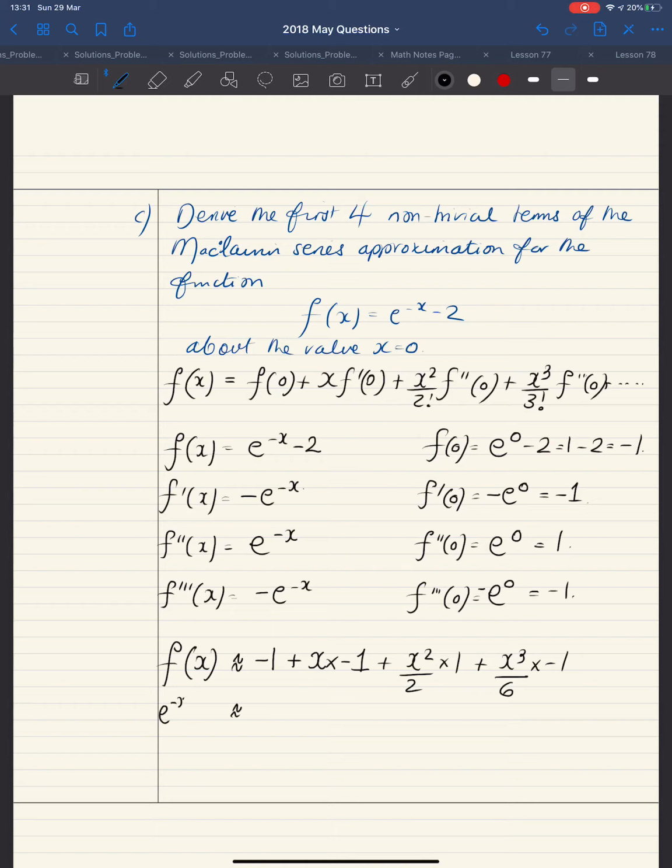So e to the minus x minus 2 is approximately equal to minus 1 minus x plus x squared over 2 minus x cubed over 6, etc., etc.